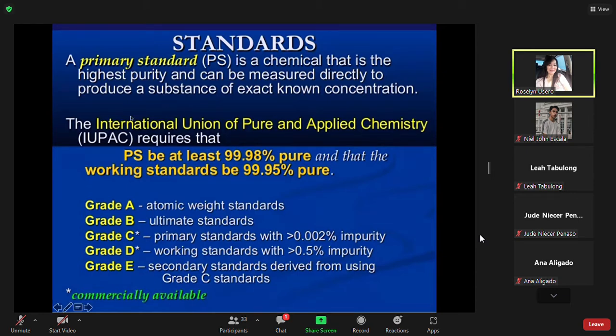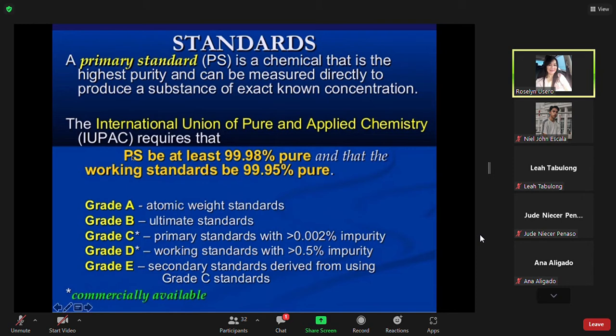The requirement of IUPAC, the International Union of Pure and Applied Chemistry, is that the primary standard must be at least 99.98% pure, and the working standards 99.95% pure. You will understand this better as we go along.